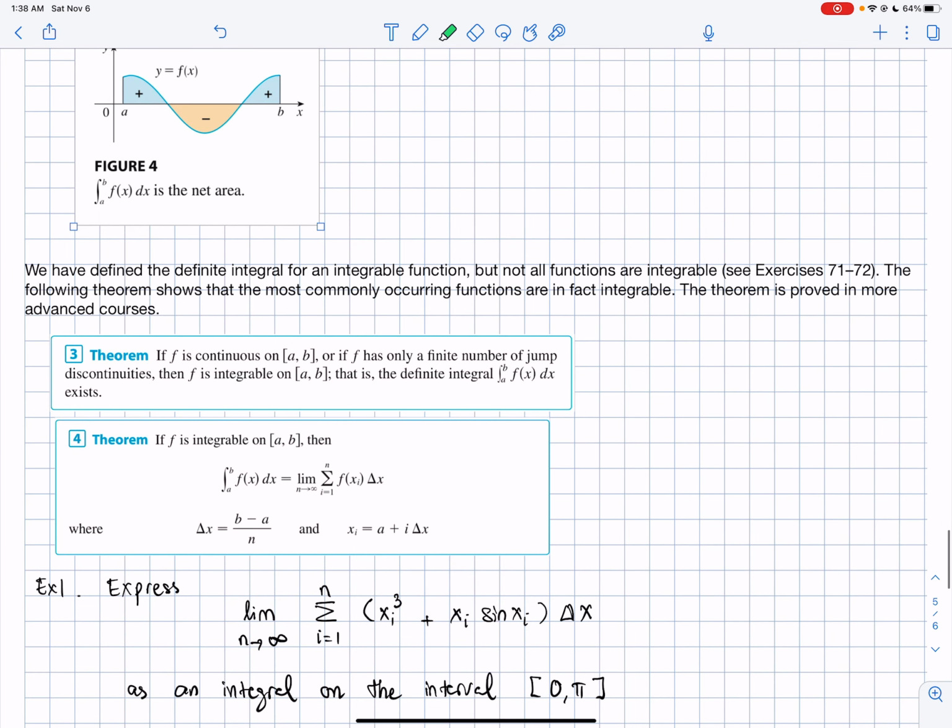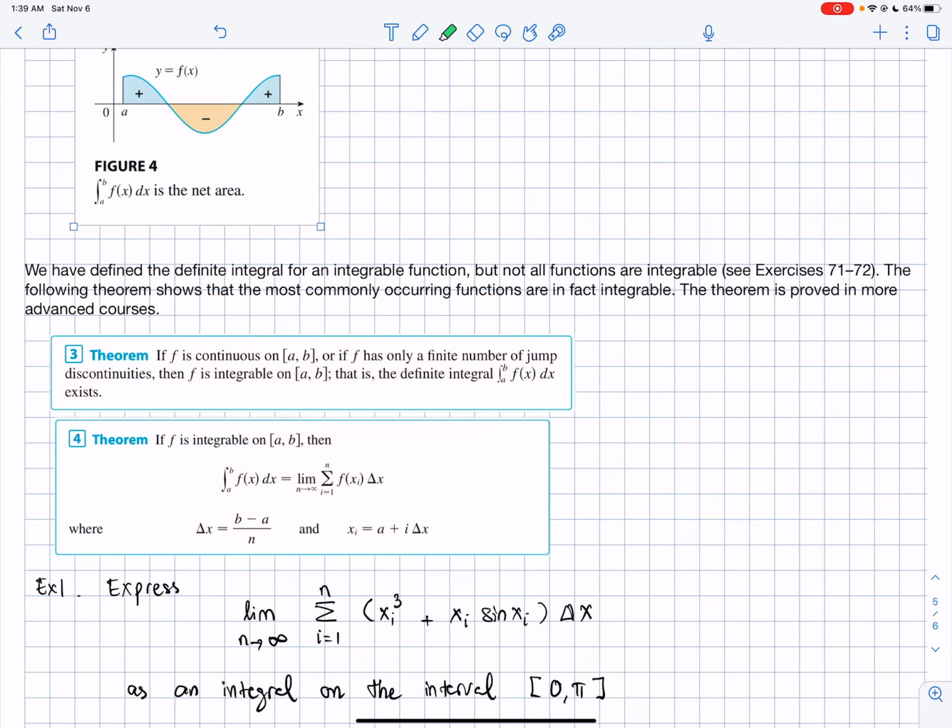So theorem number 3 and theorem number 4. Theorem number 3: before we read this, we know that we have defined a definite integral of an integrable function, but not all functions are integrable. We can see that in exercises 71 and 72. The following theorem shows that the most commonly occurring functions are in fact integrable.